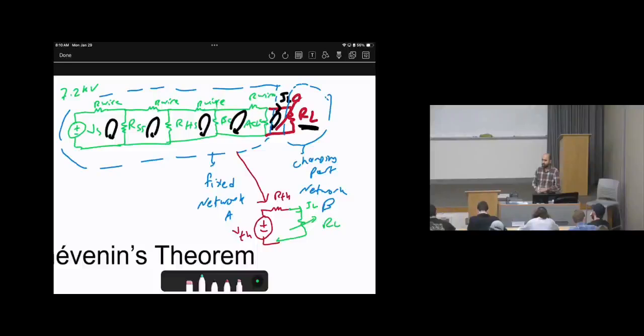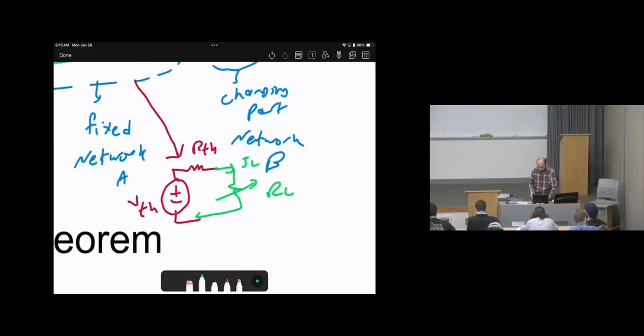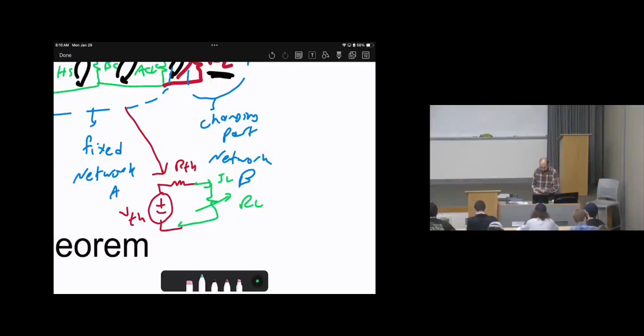Now, this circuit is much easier than the other one, right? First, we convert all of this circuit to a voltage source and a resistor. Then network B remains as is, which is the same as the load resistor RL. Now, how can I calculate the analysis? Basically, you can take it as a rule for a single loop.